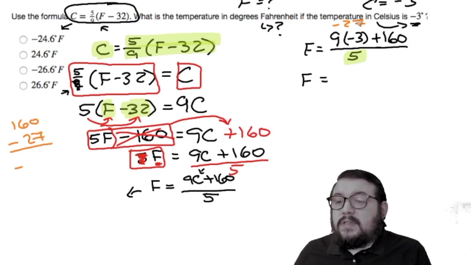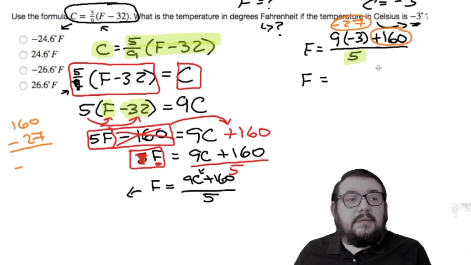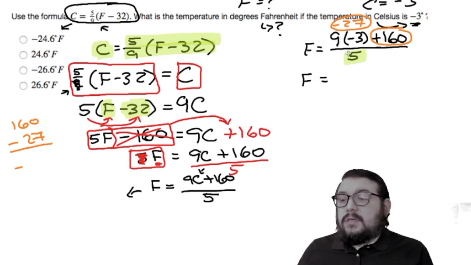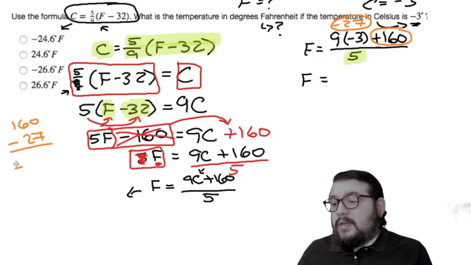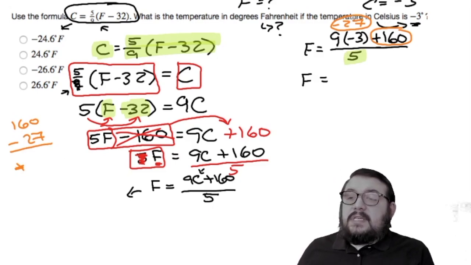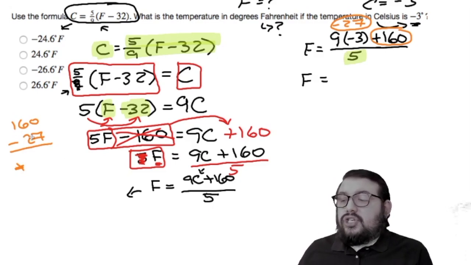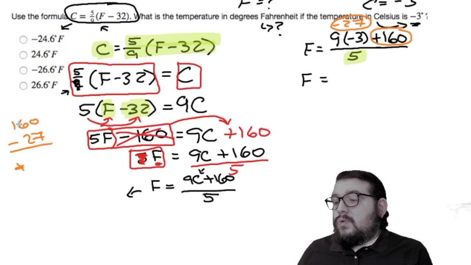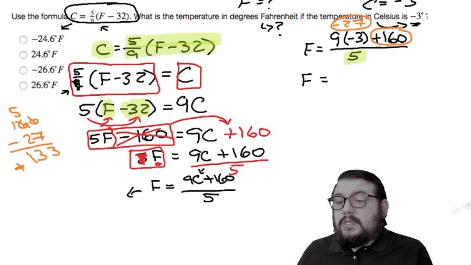My numerator is going to be positive because look, if I compare negative 27 and positive 160, which one is bigger? Well, the 160, obviously. So therefore, my final answer is going to be positive. However, since they are different signs, we're just going to subtract. So 160 minus 27. So my numerator is going to be 133.